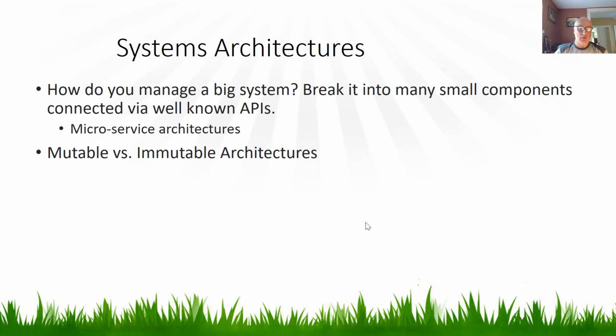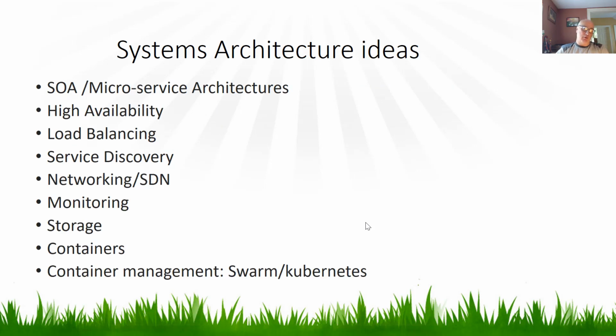And that's really important. So we have lots of different systems architecture ideas that support DevOps. I can't go through all of them, but service-oriented architectures, microservice architectures, we talked about that. High availability is a way to think about how we organize our architectures. That's our goal.